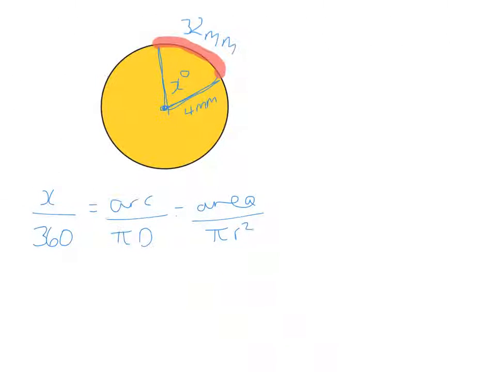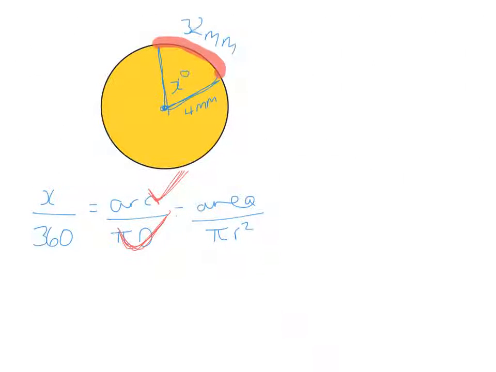We are told that the arc length is 32 millimeters. That means that this fact here, the arc, we know what that is, so we can tick that. We are given the radius in the question, which means that we could calculate the diameter, which means that we could calculate this down here.